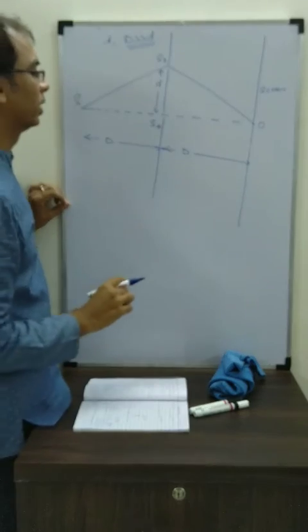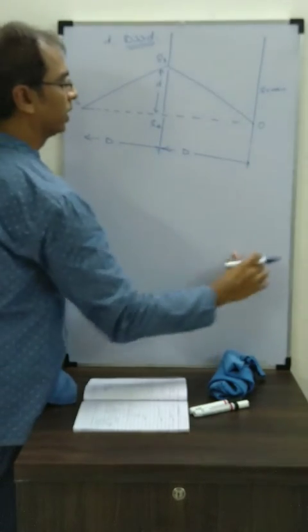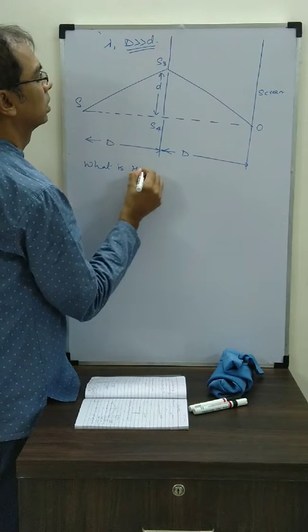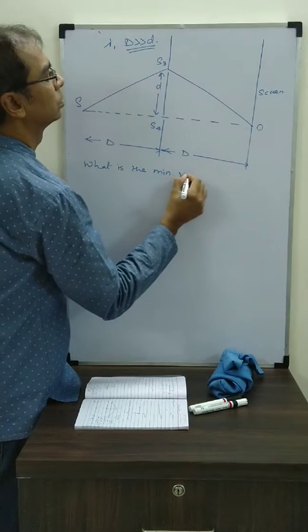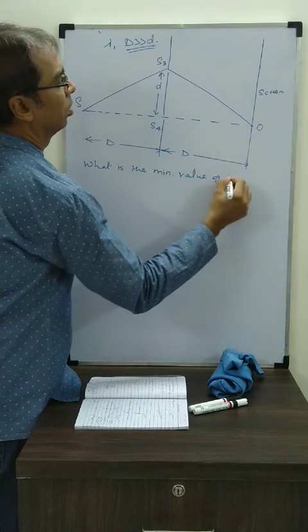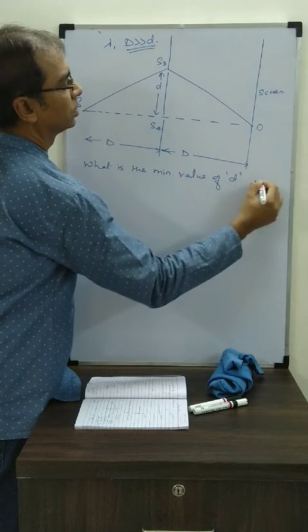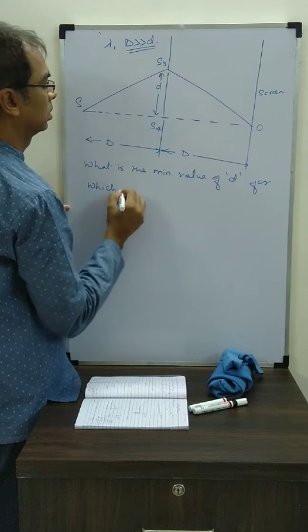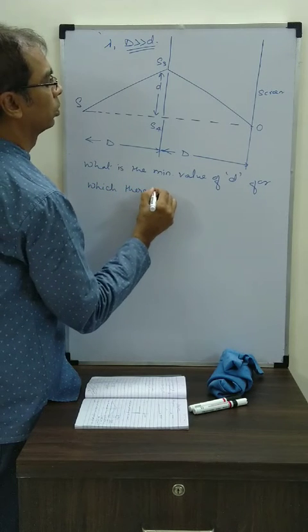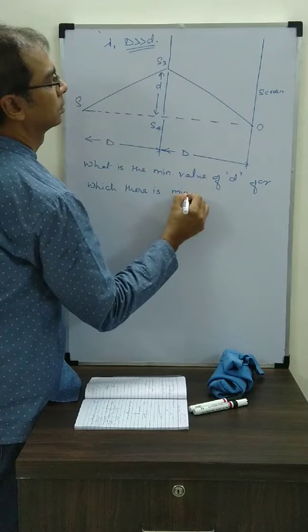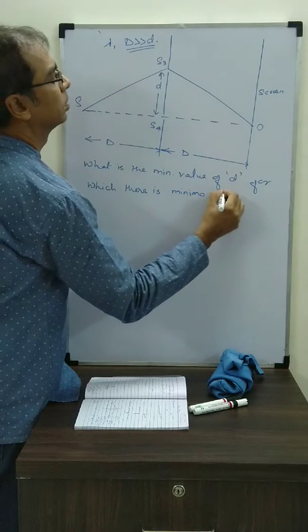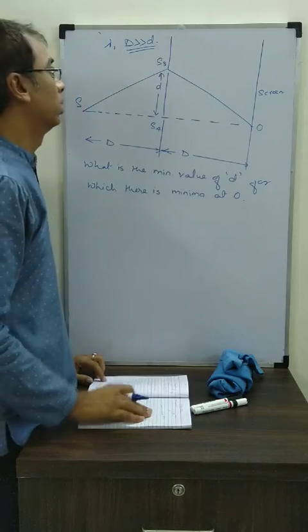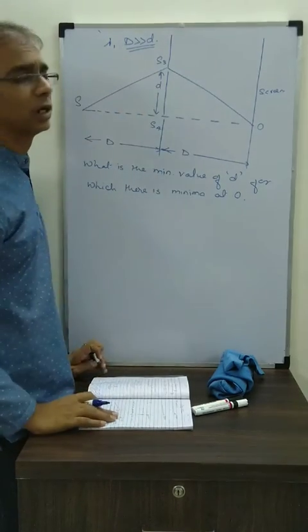So what we have to find? We have to find the minimum value of d for which there is minima at O. Alright, lambda is very small, and D is not given to us.